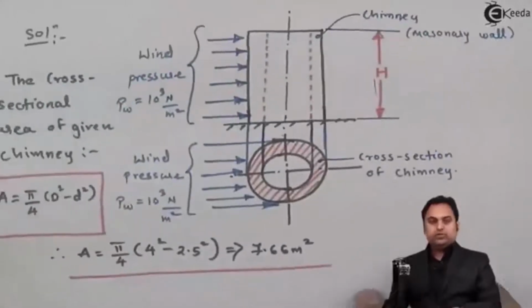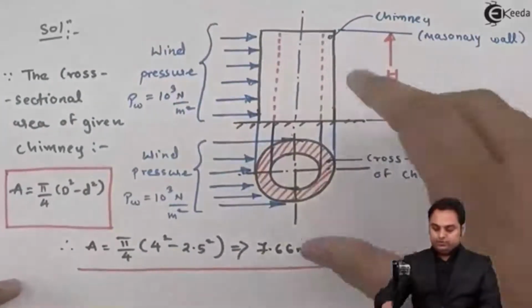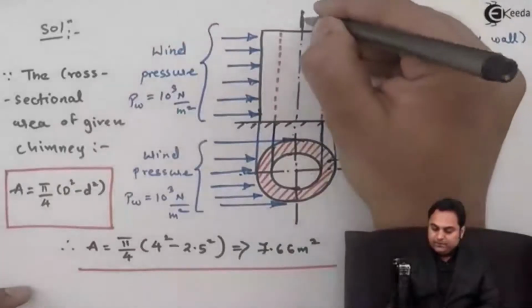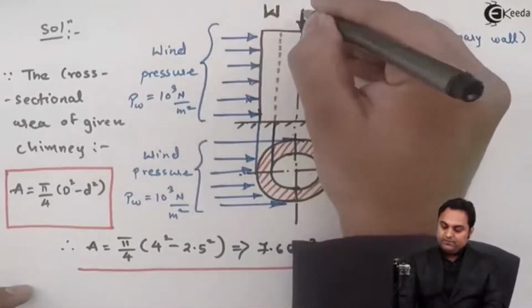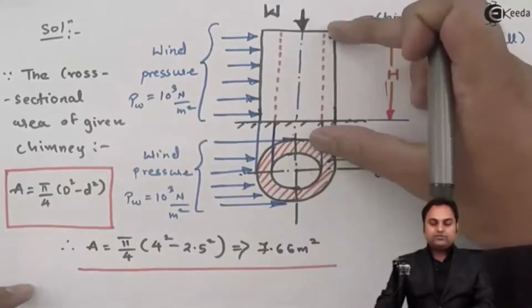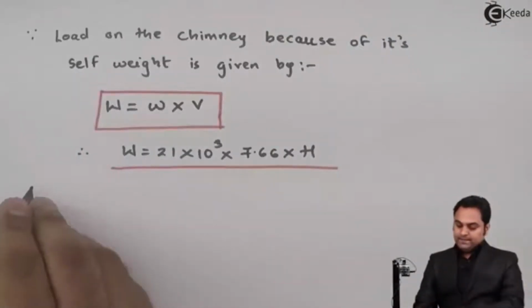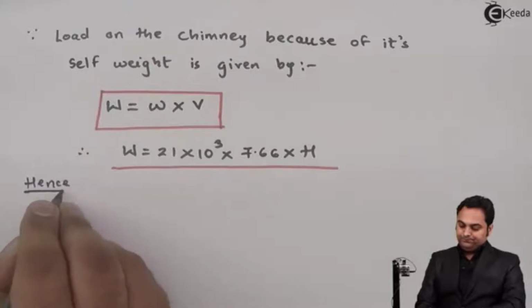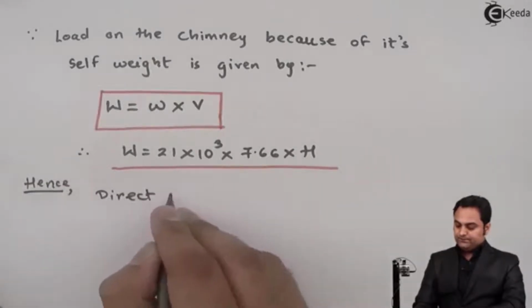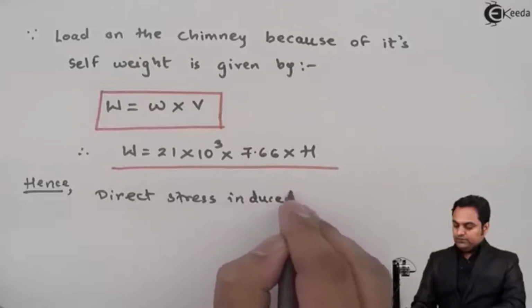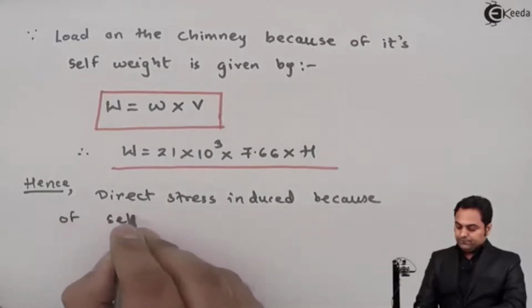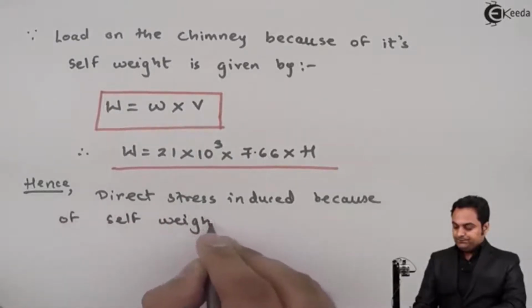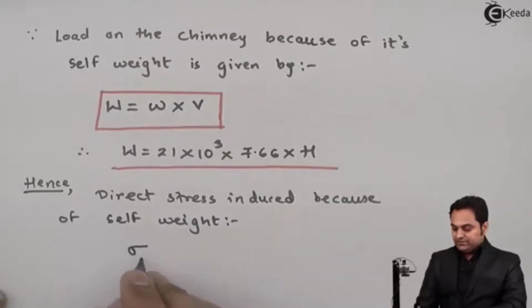And now because of this total load, there will be compression produced because of the self weight of the chimney. We can say that the load is axial owing to the self weight, and because of this there will be direct compression of this chimney. So I'll write down, hence direct stress induced because of self weight. That direct stress is weight upon area.